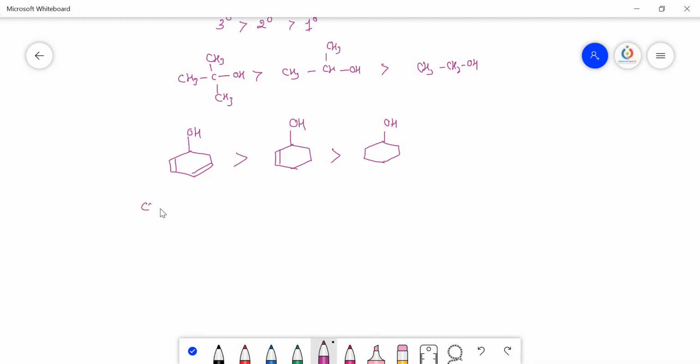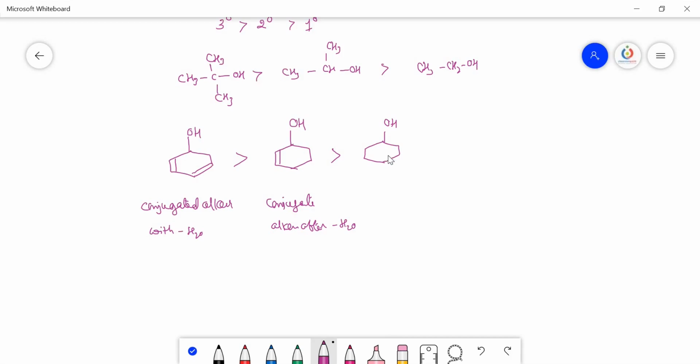So conjugated alkene. This is also a conjugated alkene. It means a conjugated alkene after the dehydration. This is a conjugated alkene with dehydration. Even if you lose the water molecule, before also there is a conjugation. After the loss of the water molecule, you again get a conjugated alkene.